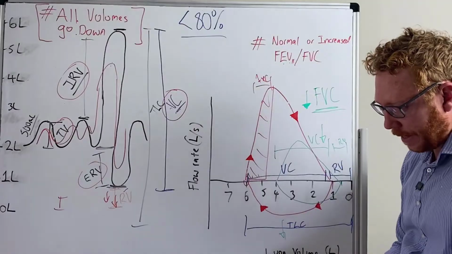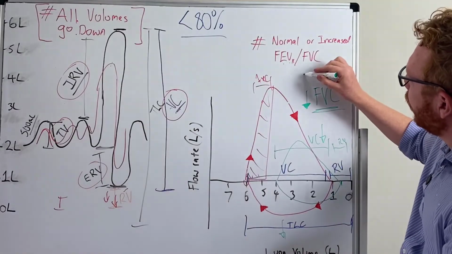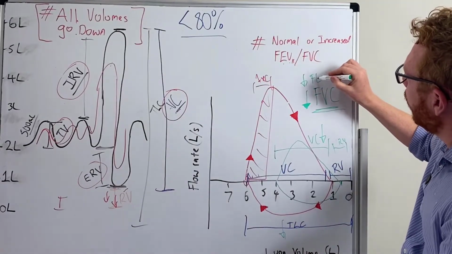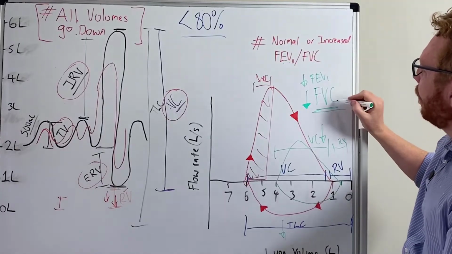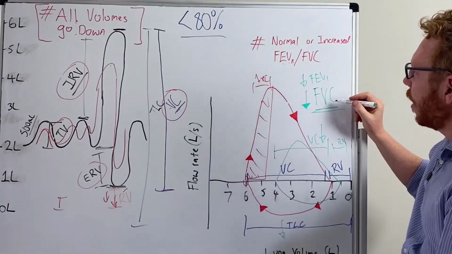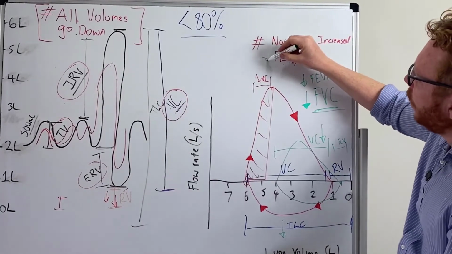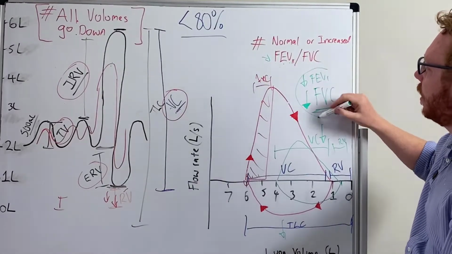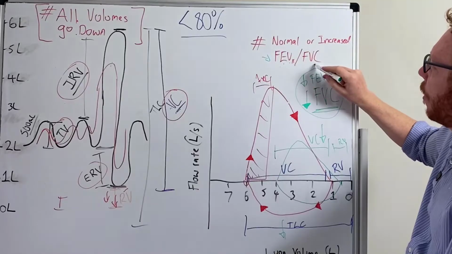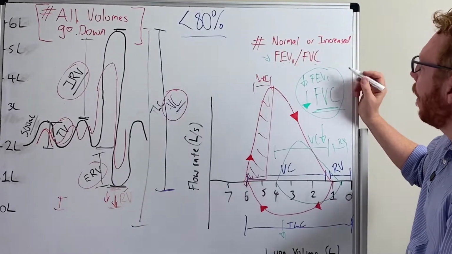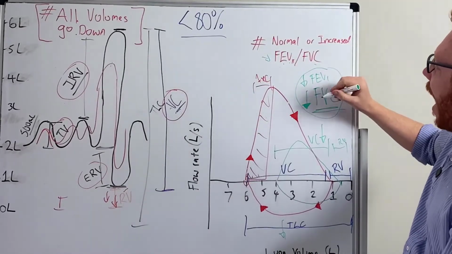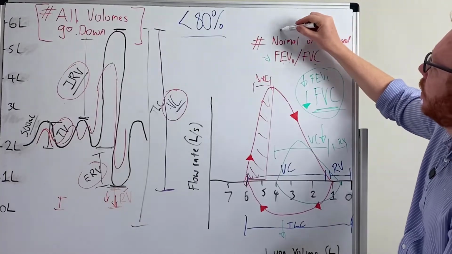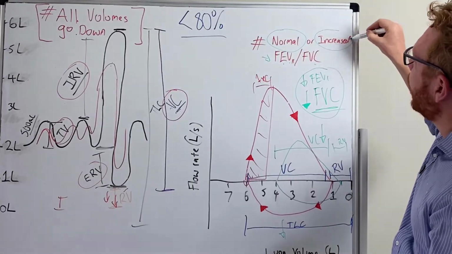In restrictive lung disease, this number is also down. Okay, so FEV1 and FVC are down. Now, if you did the measure of the ratio of FEV1 over FVC in a restrictive lung disease, because they both go down proportionally, what we see is actually that the number is normal to increased.